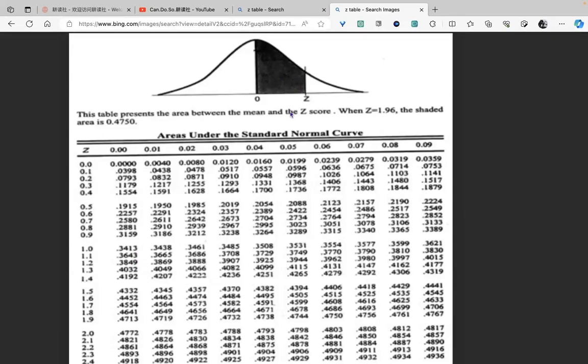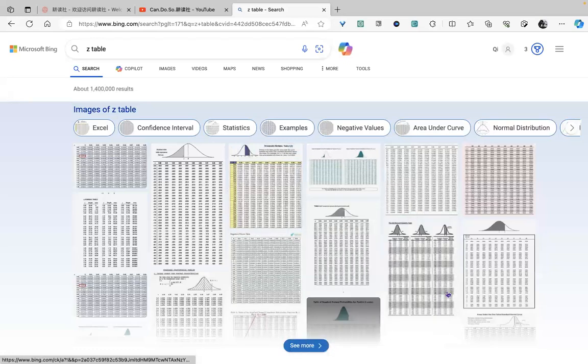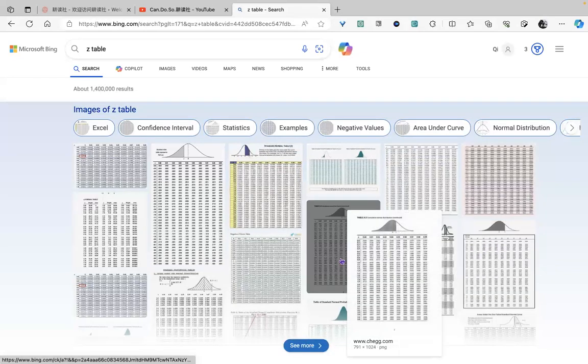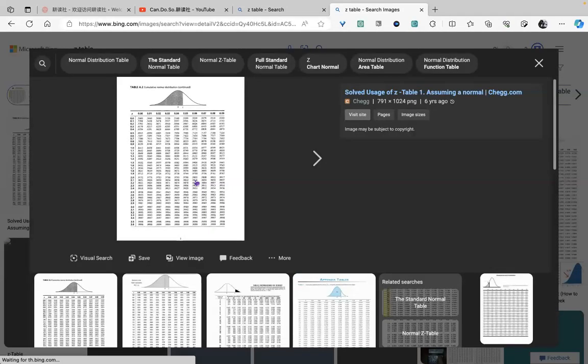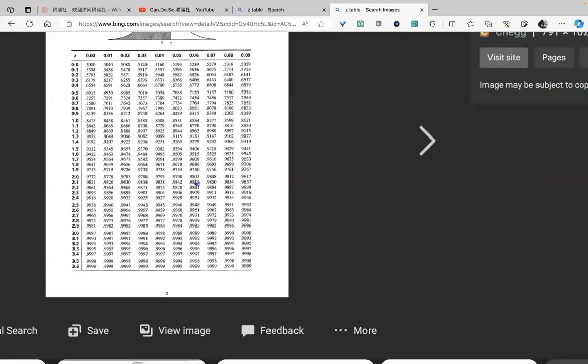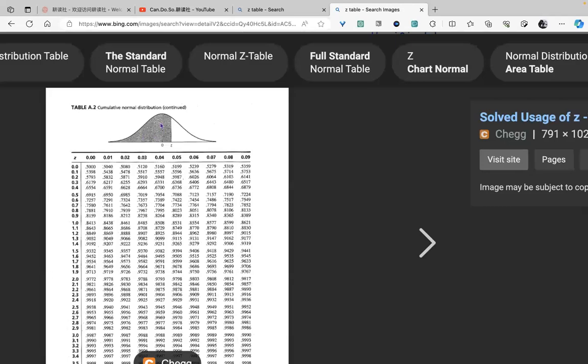This one is a typical table. A typical table tells you the area from the right part to the left part. So for example, here 1, as we have said, 1 standard deviation, the area to the left is 84.13.